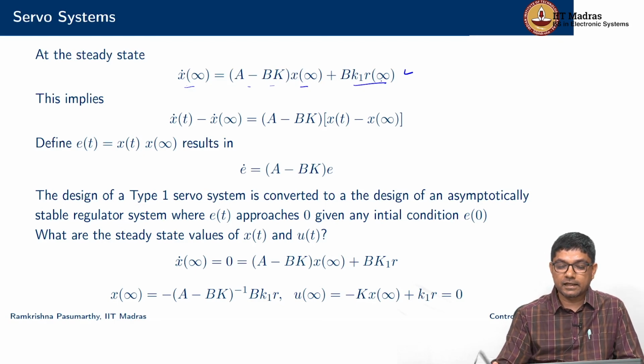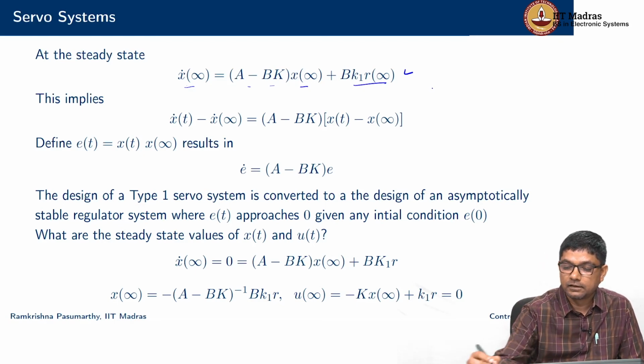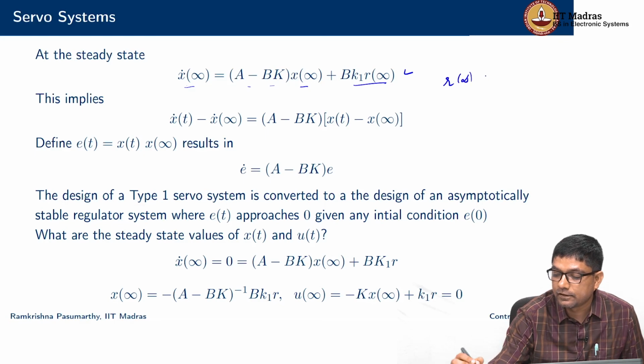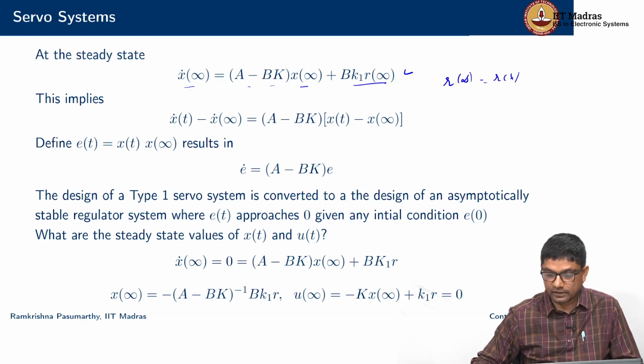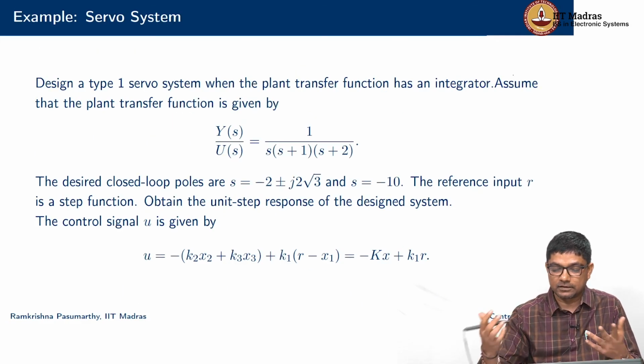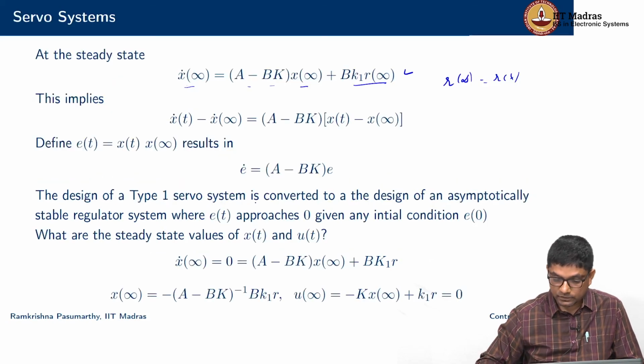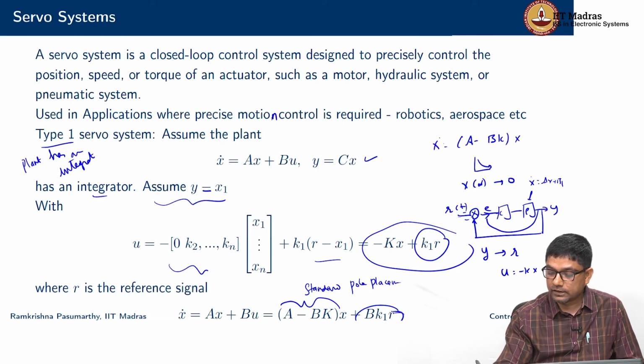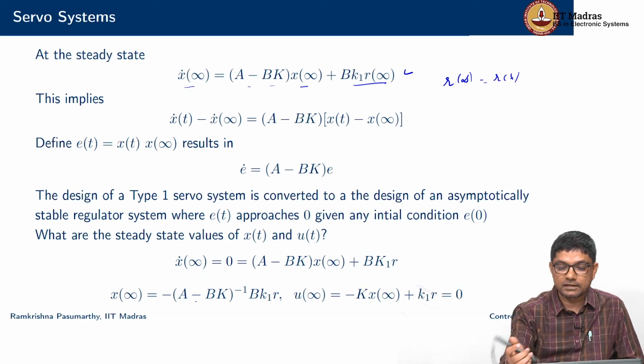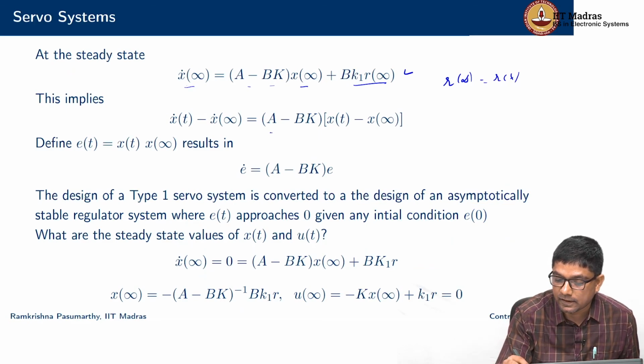And this implies that r at infinity will in general be any r of t, because it's a given signal, maybe a unit step or something like that. So this one does not change. So I take x infinity dot, I just take the difference and I get something like this.